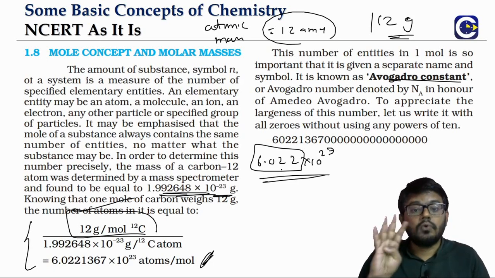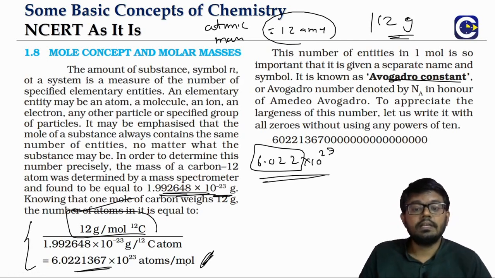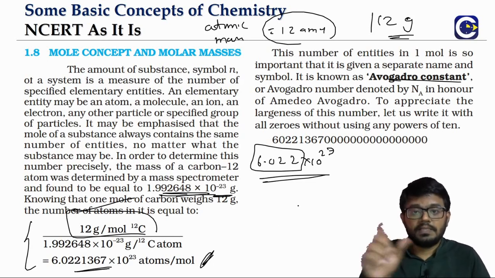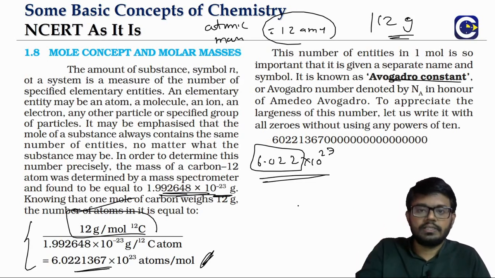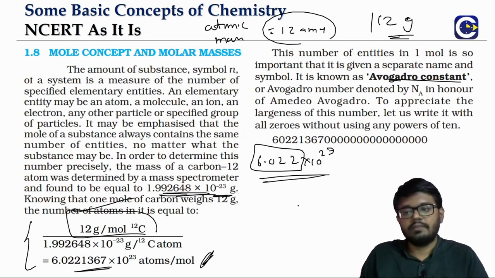Whereas if you write 6.0221367 × 10^23, we are talking about more significant figures. So the representation of the Avogadro number, or any constant for that matter, is based upon the level of confidence or certainty we have in the measurement value.